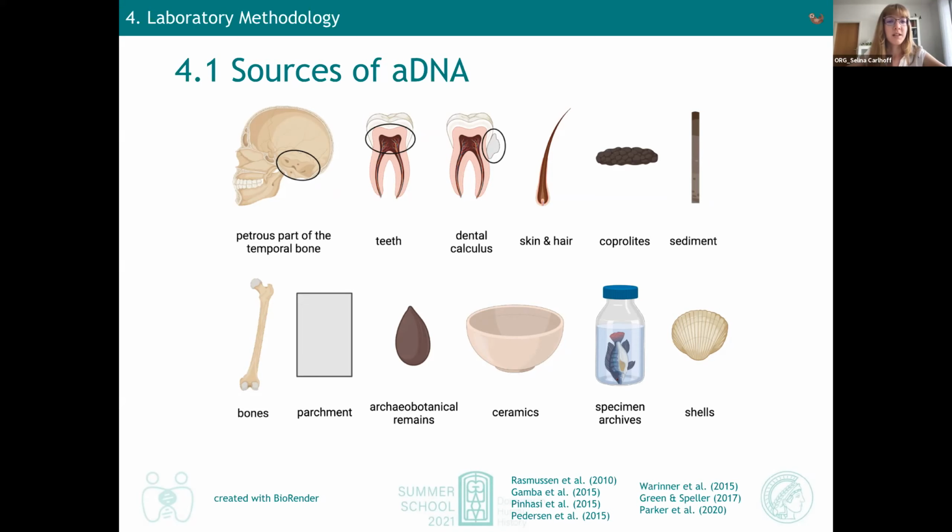And this little bone that's otherwise quite unknown also houses the inner ear, and because of that, it's very, very dense. And there's also not a lot of circulation, so blood circulation within this bone. And since it's also within the skull, the petrous bone also seems to be quite protected against other forces that destroy bones during their degradation.